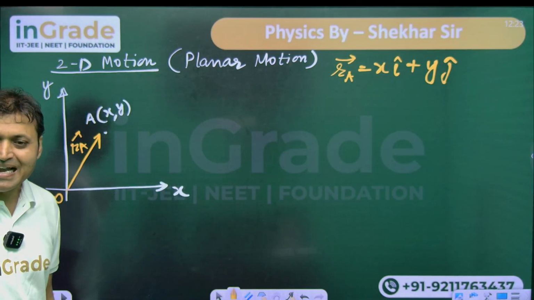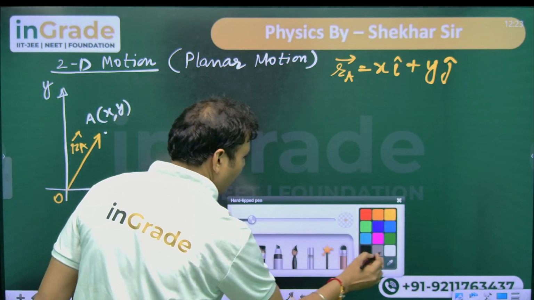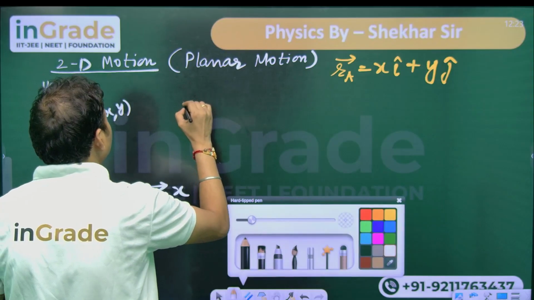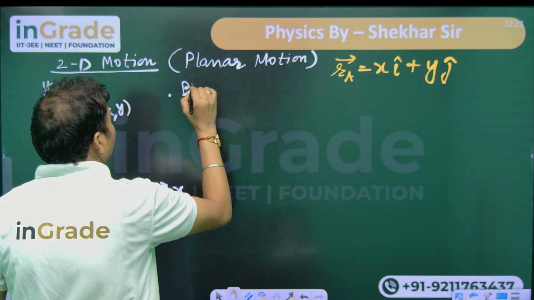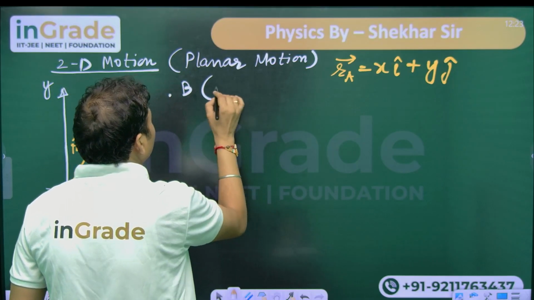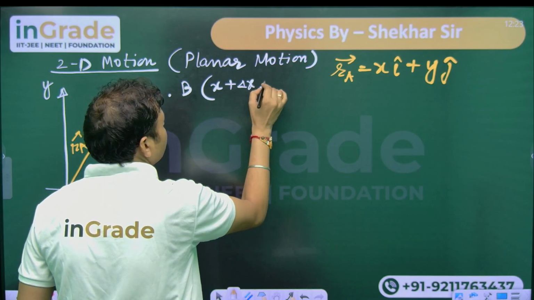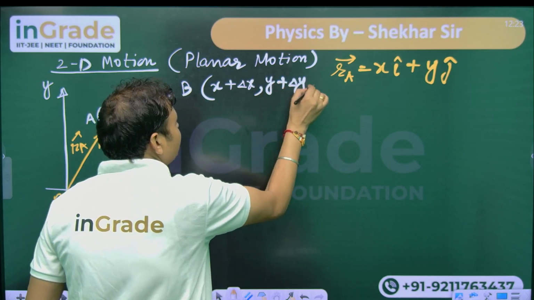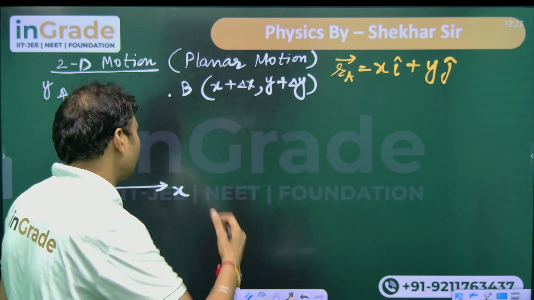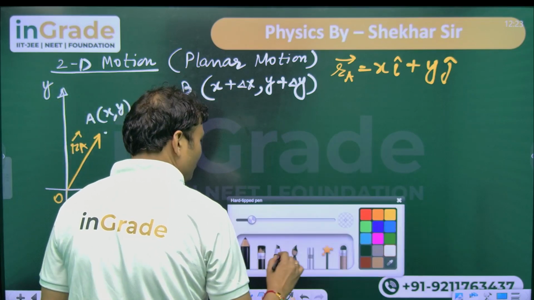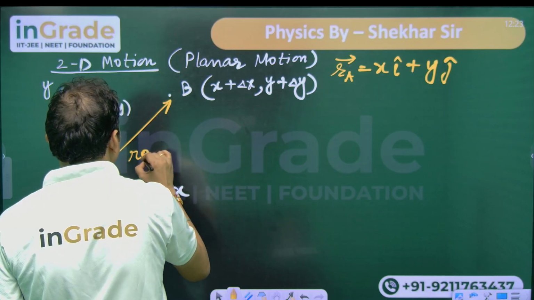So the position vector of A can be written as x i cap plus y j cap, right? In some time delta t, the particle has moved to some other location. Let us say it has reached location B in time delta t. So the coordinates of this particle can be taken as x plus delta x, comma y plus delta y. There is a small change in x in some delta t time. There is a small change in y as well. So the particle will reach here. The new position of the particle can be taken as RB.